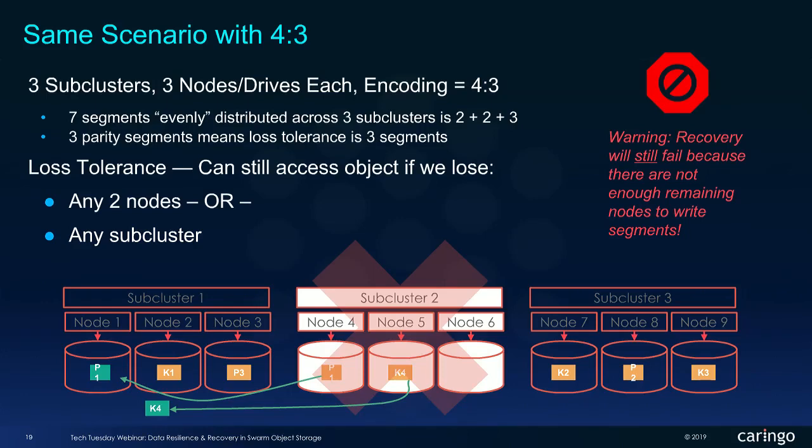But in this world, we can lose any of those. If we lost the one with 3 segments on it, we've still got our object. We have the ability to recover it, whereas in the previous one, we didn't. We still have the same challenge that we don't have enough places to put all the segments in the event of a loss. So we're not quite so protected afterward.